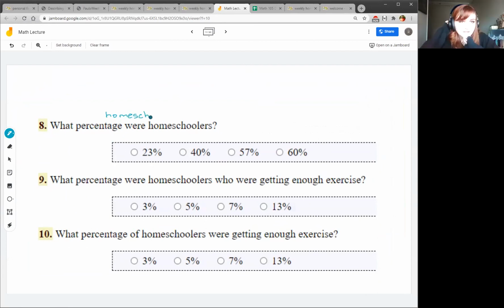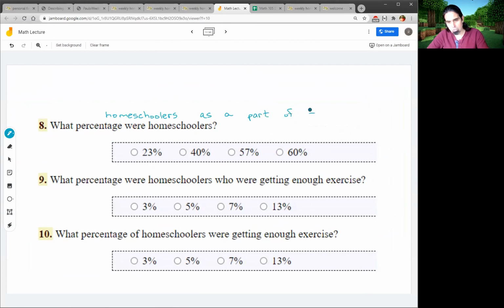Just as a part of the total of all the students. Yeah, homeschoolers as a part of total surveyed, total students. What percentage were homeschoolers who were getting enough exercise?